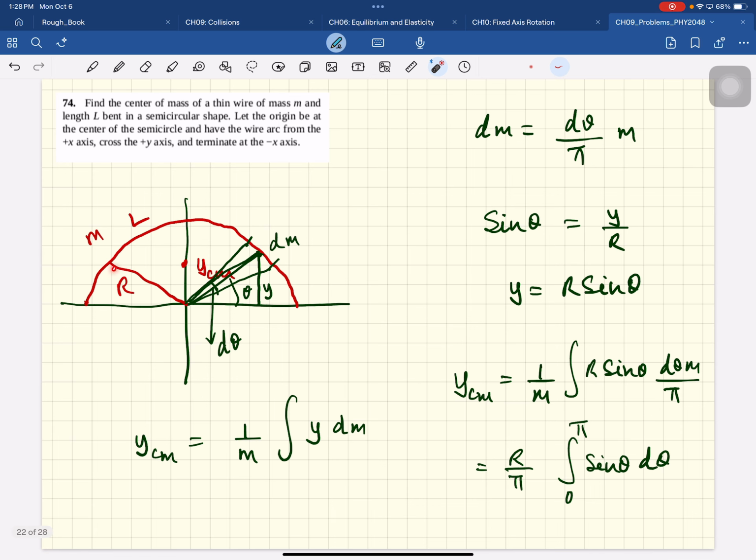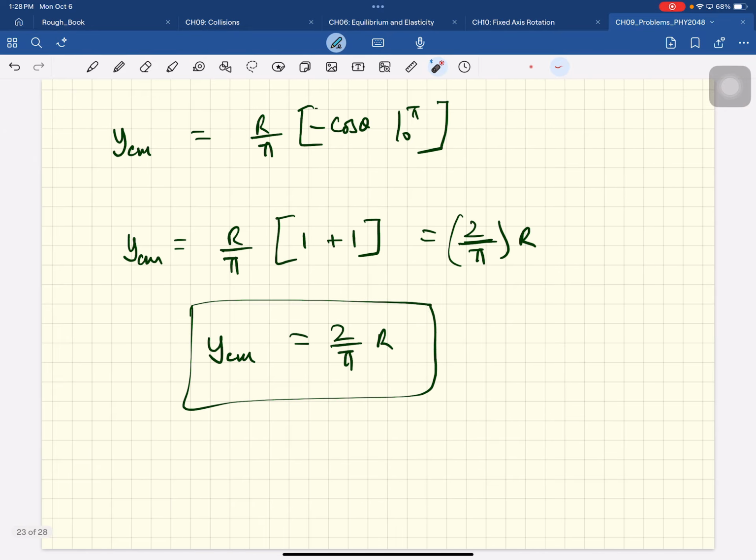And in the limit r going to 0, here's another limit, what happens to y center of mass? As you make the arc smaller and smaller, it also goes to 0. It goes to the origin, and then it becomes a point particle at the origin. So it has the right limit.